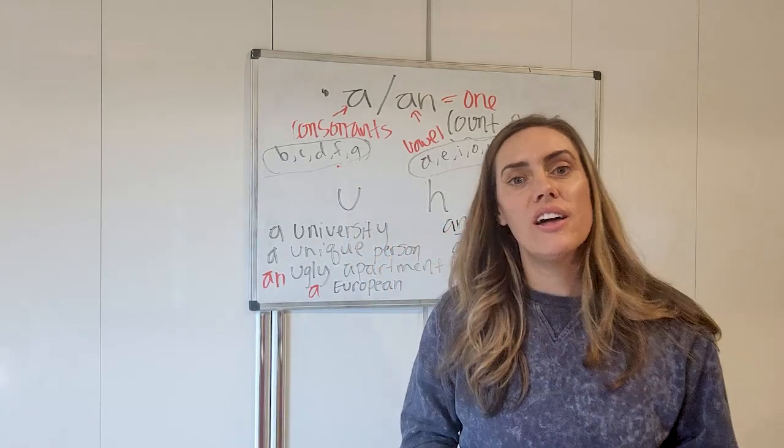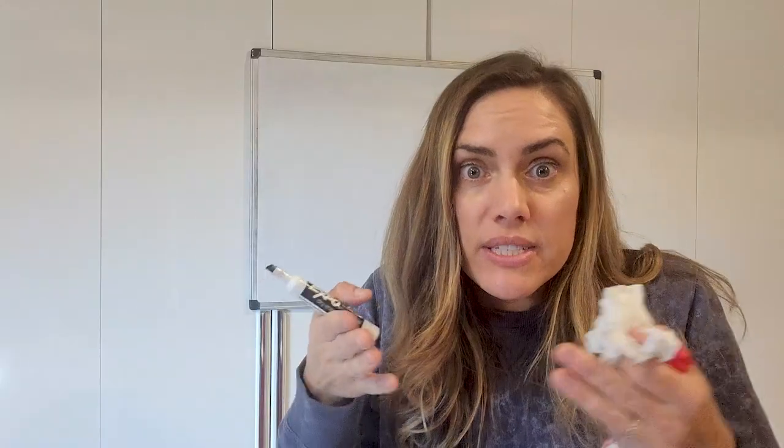All right, now let's talk a little bit about the word the. Okay, so now remember, the articles a and an are only really used before countable nouns, ones that you can count, when you want to say there is one of them, okay? So we use a and an to say there's one of something, and it doesn't need to be something specific. I don't have to know which marker you're talking about.